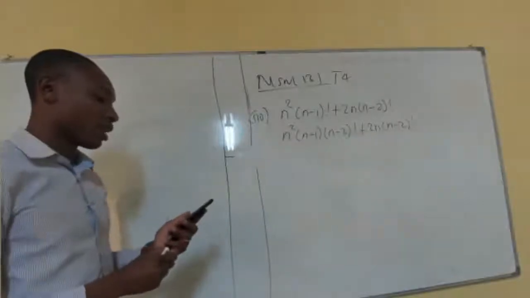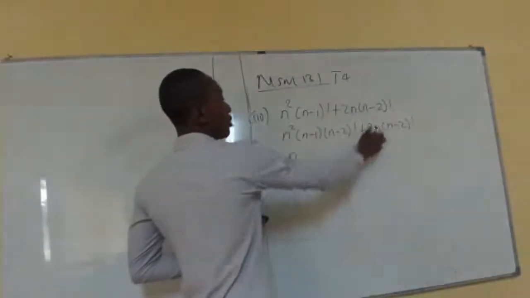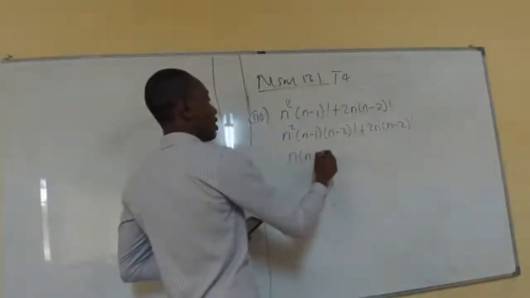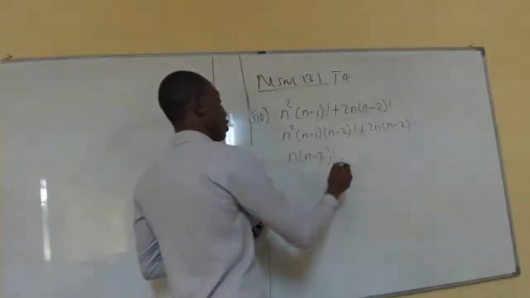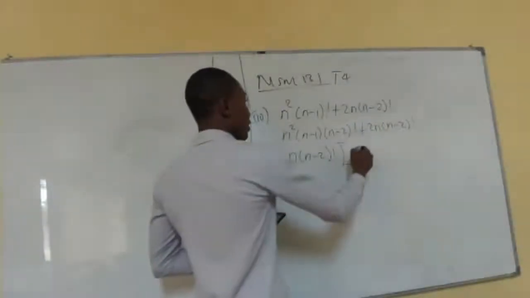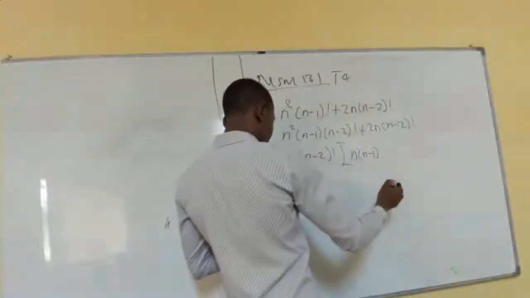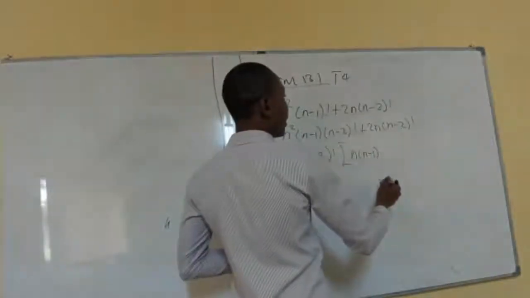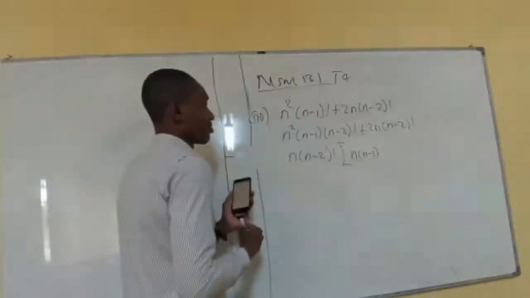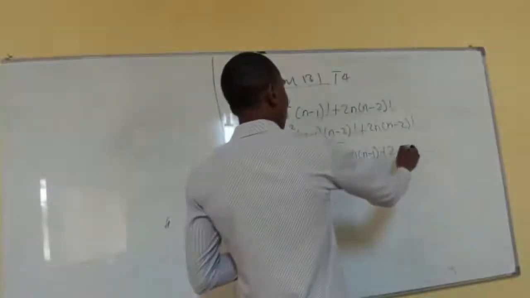So now what is common is n, and we also have n minus 2 factorial common to both. Then what remains from here is n minus 1, plus 2.